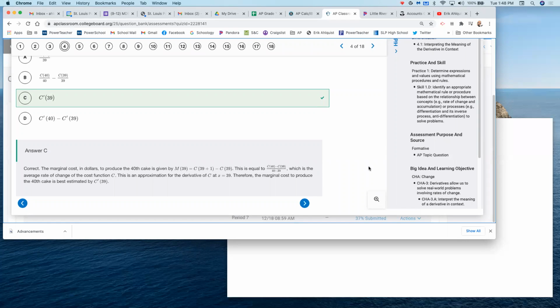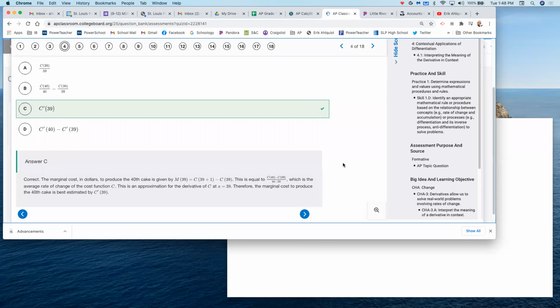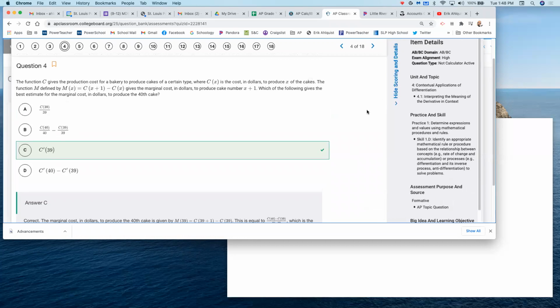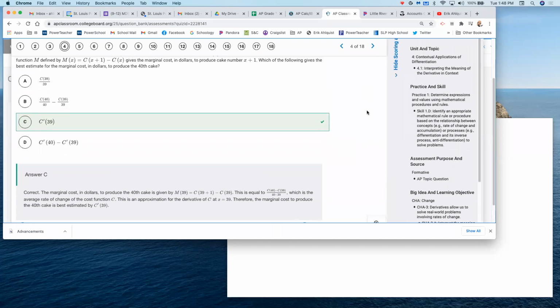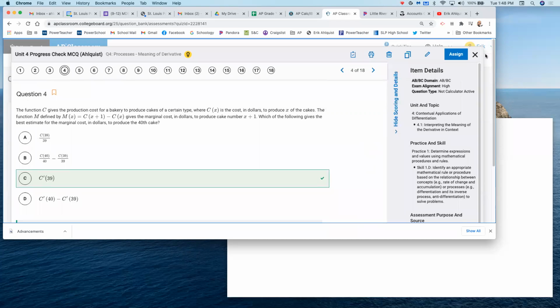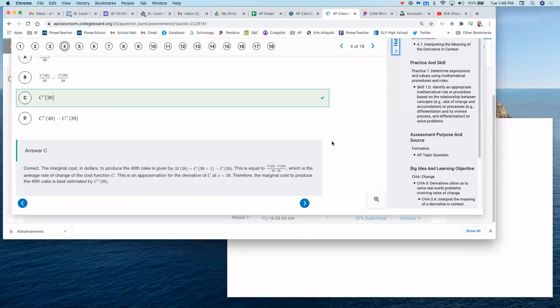So when I think about this problem, producing the 40th cake, this is the kind of question where you have to back up and think about what we would have on this.